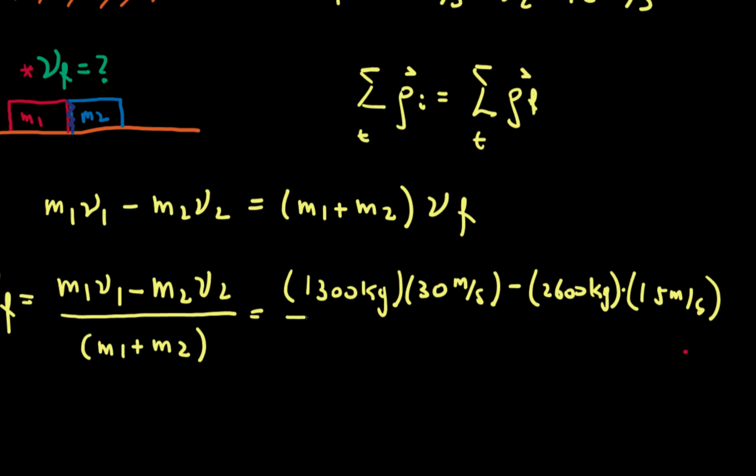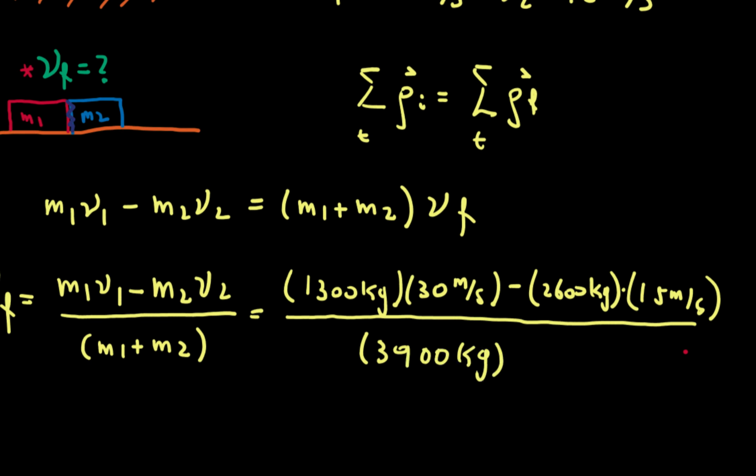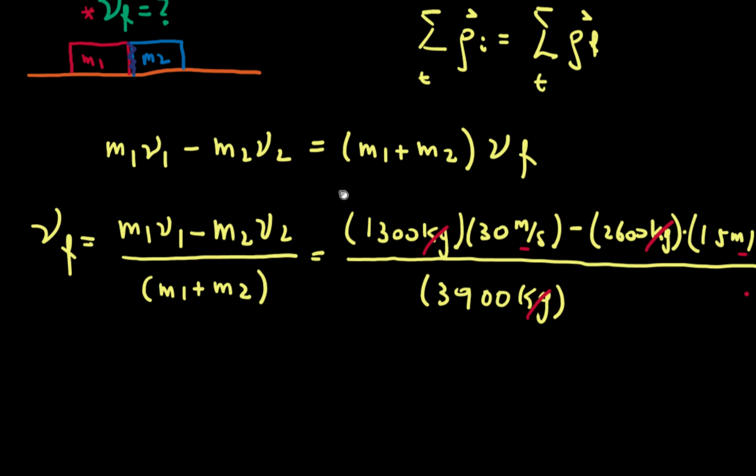Now you divide by the sum of the masses, 3,900 kilograms. Now let's check our units. Kilograms go away. So the only thing left is meters per second. Great. So go ahead and punch this in the calculator.